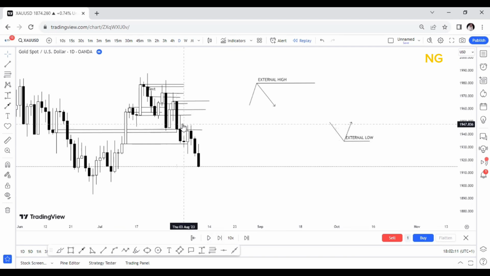Price pulled back to it. He got to this place. He got rejected because of this fresh level here. Got rejected. This is a fresh level. He got rejected here. Boom. You are selling again. He came down. He got to this fresh level of a gap. He got rejected upward.